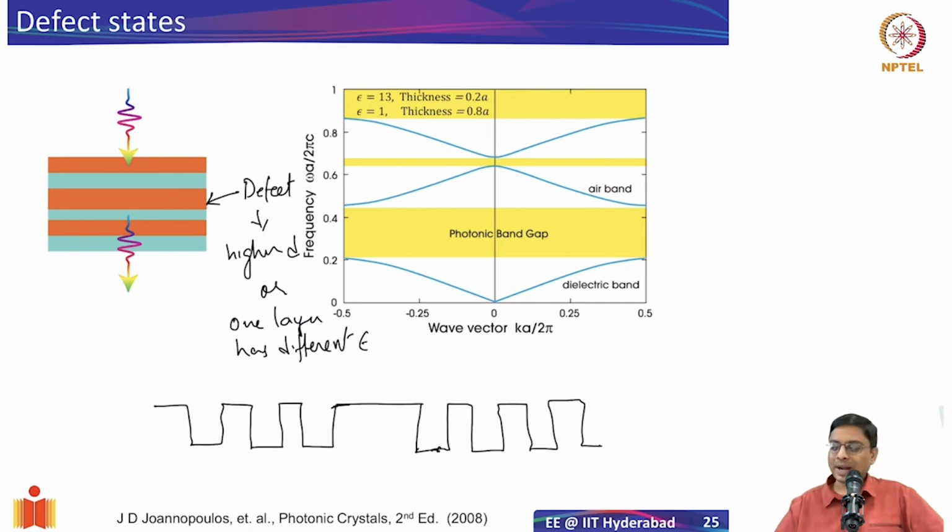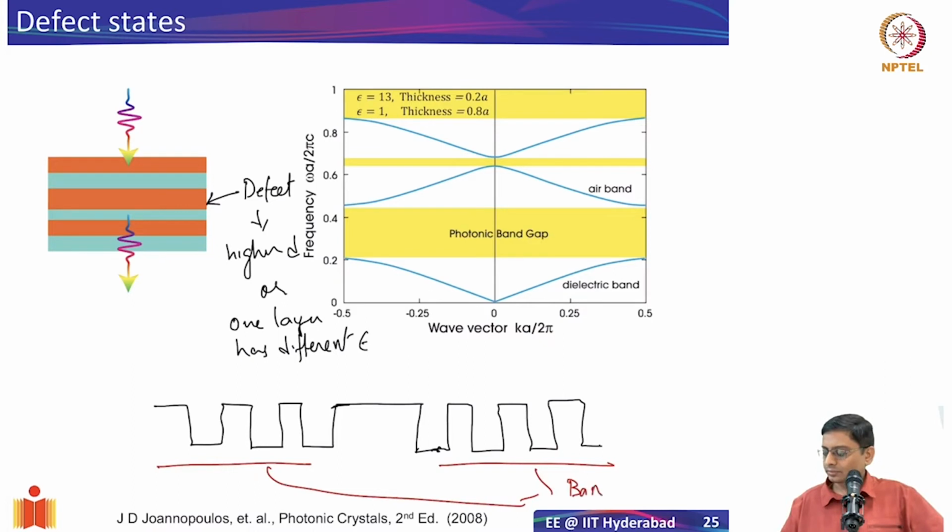So the band gap exists in this structure right here. The band gap exists in both these places. But what happens at the layer which is thicker?